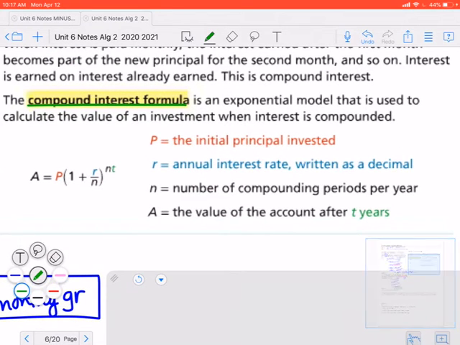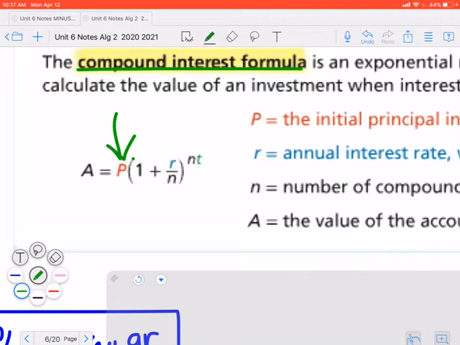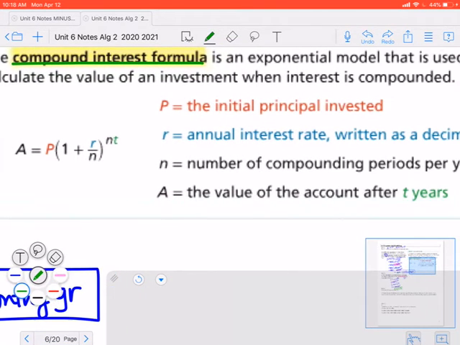You can see the same basic formula: you've got your A value, and now we're calling the starting value P. We've got our parentheses, 1 plus r, but now it's r over n. And instead of just t, our exponent is n times t. So in this, n is the number of compounding periods.